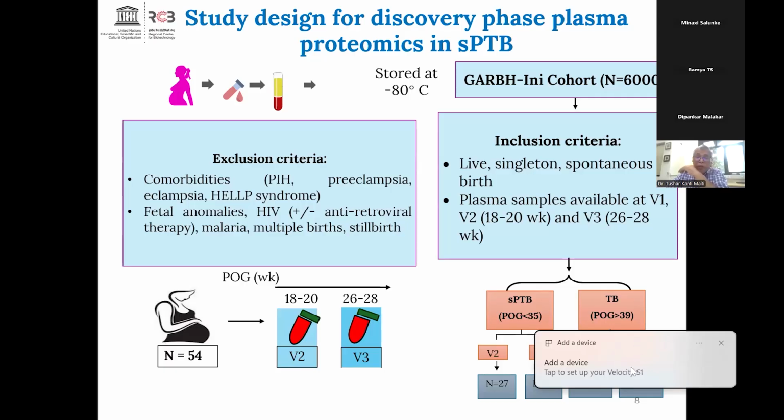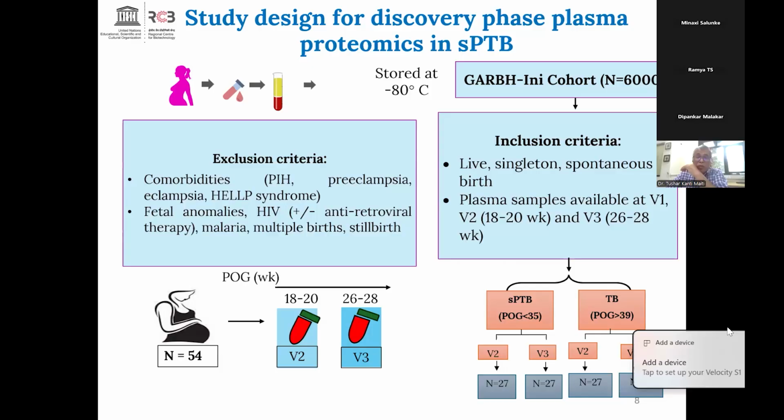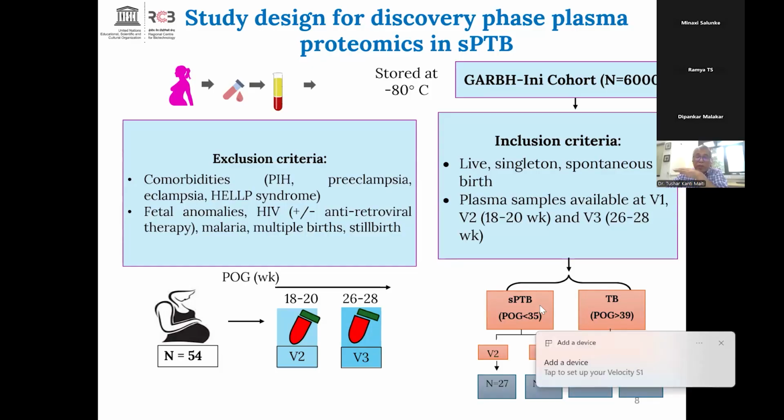So we have taken these from the Garvini cohort. Less than 35 weeks POG is considered as a spontaneous preterm birth, even though less than 37 is considered as a preterm birth. But in the discovery cohort, we have taken less than 37 because we want a clean population where we can confirm that the mother undergoing delivery in our cohort is representing a proper spontaneous preterm birth.